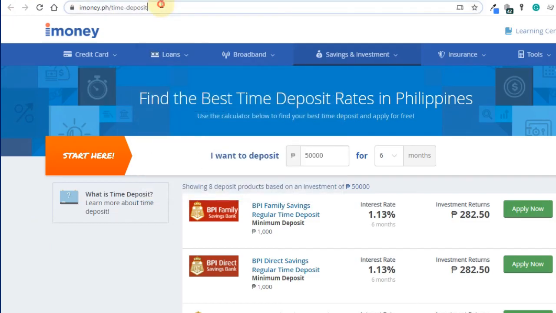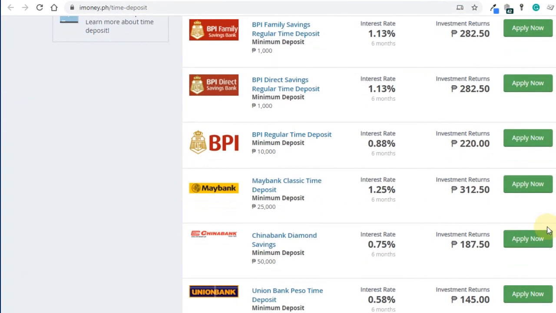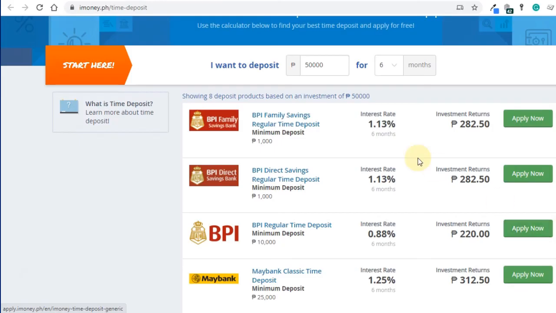I am now here at imoney.ph slash time-deposit. So here you can see the different time deposits available and their interest rates. It depends on how many months you want to invest your money.